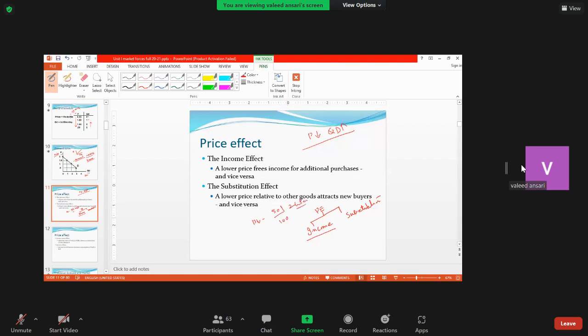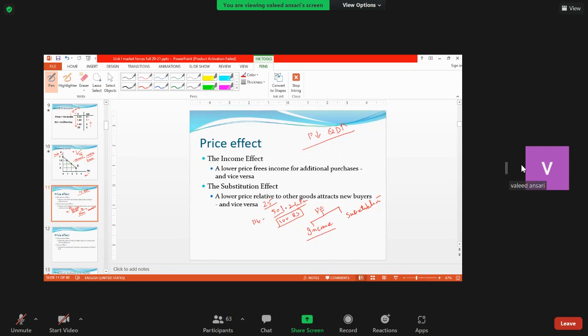So the budget was, let us say, 100 rupees spent on this. Now, let us assume that the price has fallen to, very simply, 25 rupees per liter.